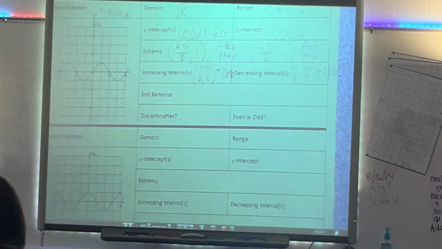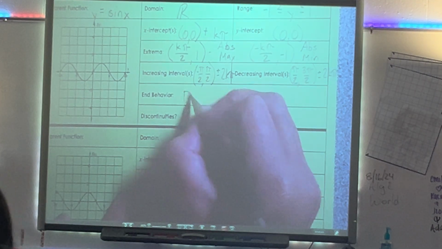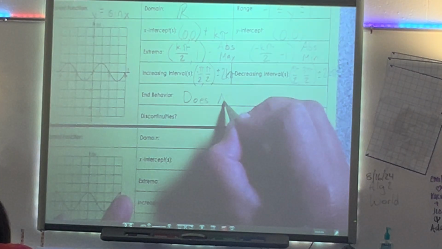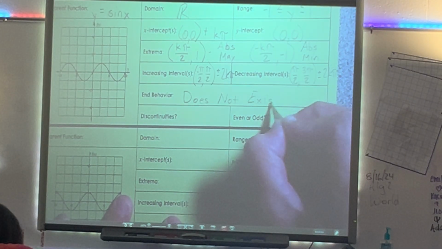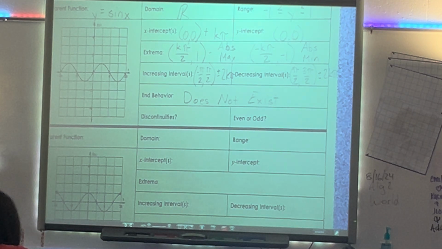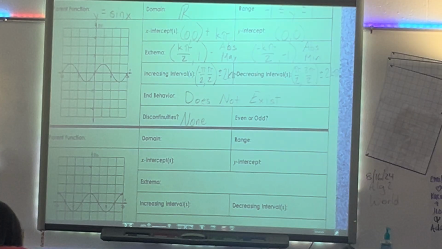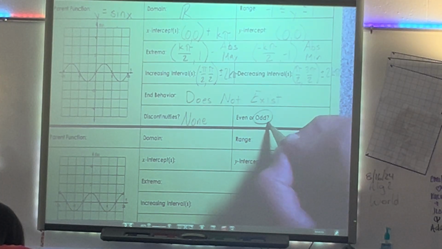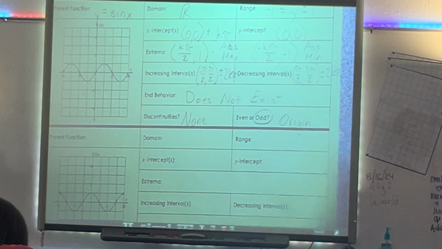So it happens over and over and over again, and the cycle is 2 pi, so that's how that works. All right, end behavior does not exist, because it does not end. Okay, discontinuities, there are none. And this is an odd function, symmetrical at the origin.